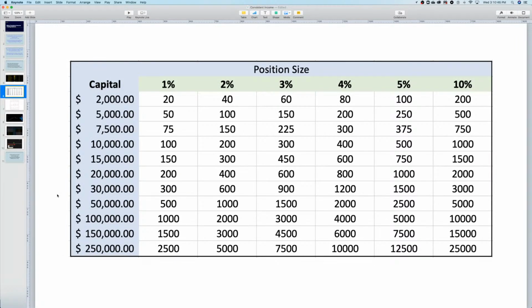So I said that you need to trade small. That's very important. Trade small and trade often. Super important, because the market is like a casino. Casinos have a very well-defined edge.